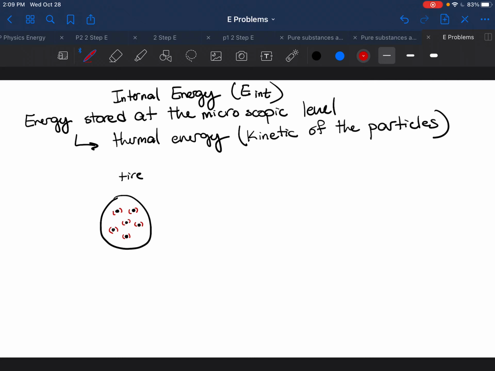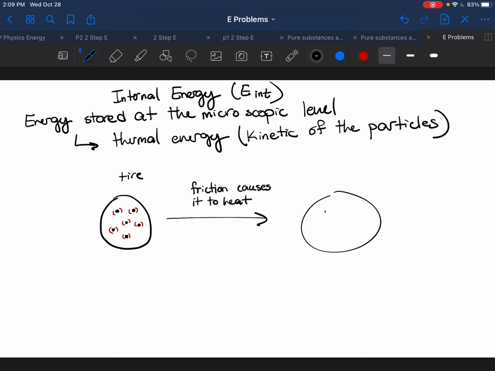Now, as it goes down the hill, friction causes it to heat up. And so what happens to that tire is those particles actually gain energy and they start moving a little quicker.